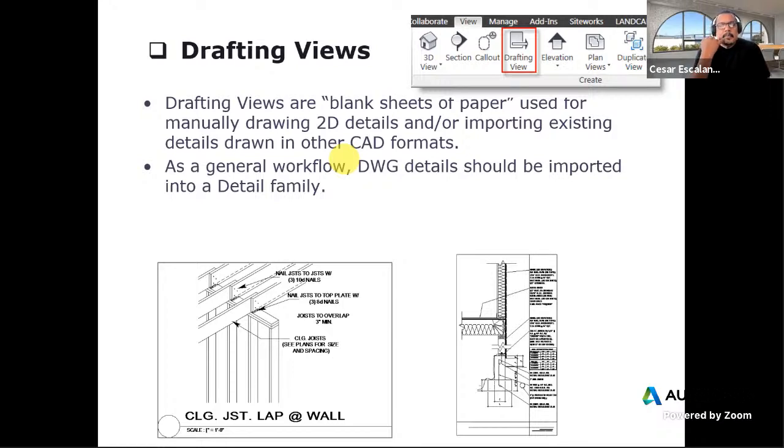And so rather than importing the DWG directly into the Revit project, you can import it into a detail family and keep the foreign definitions in the family and not inside the project. We're going to do an exercise of that.